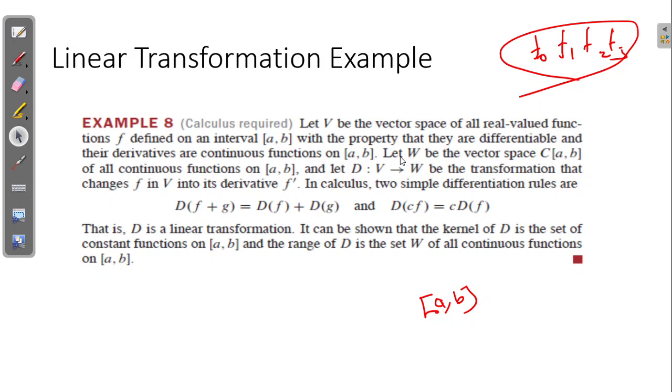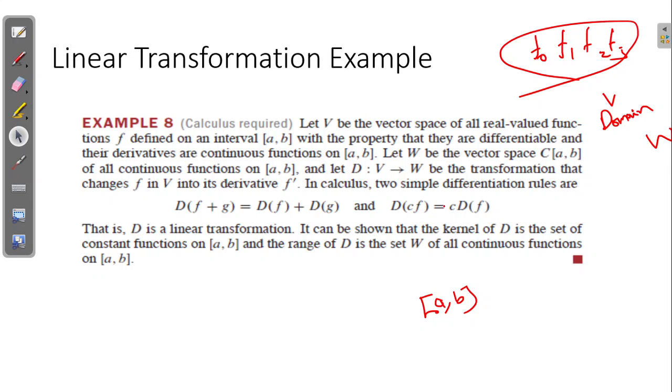Then let W be the vector space. The author first defined V, the vector space that is the domain, and then defined the range vector space, that is W: the vector space C of closed interval AB of all continuous functions on AB.